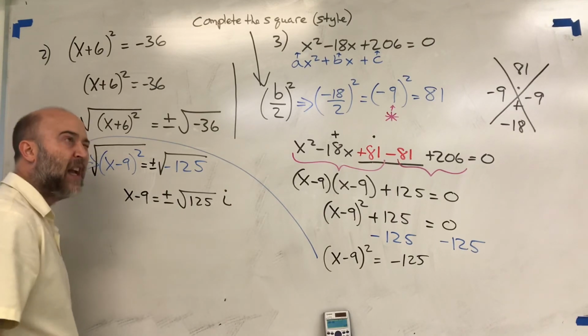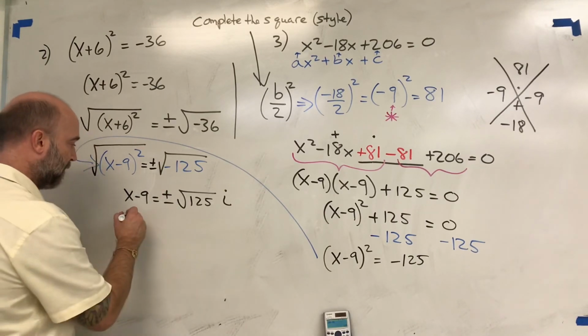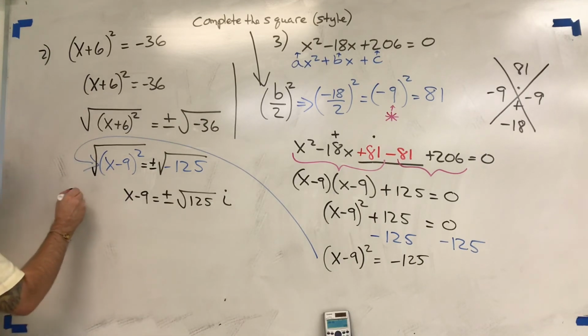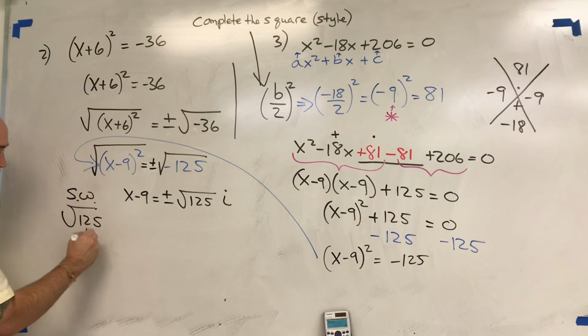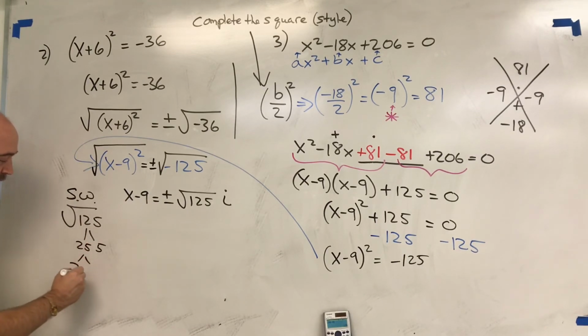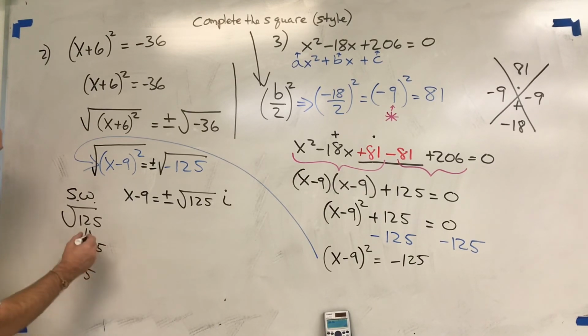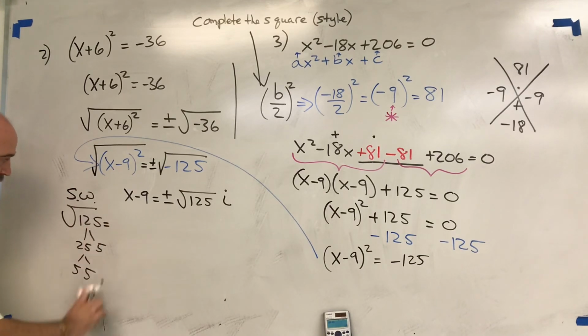125 is 5 times 5 times 5. So here's my side work. Square root of 125 is 25 times 5, which is 5 times 5. So all of this is equal to the square root of 5 times 5 times 5.